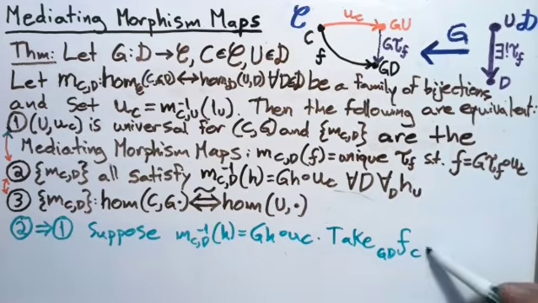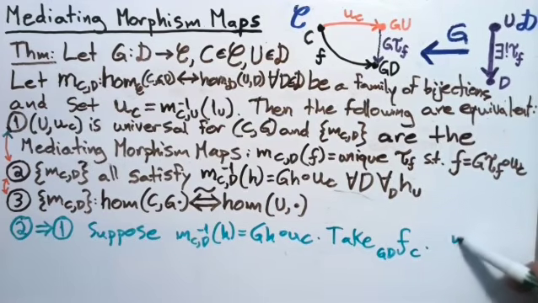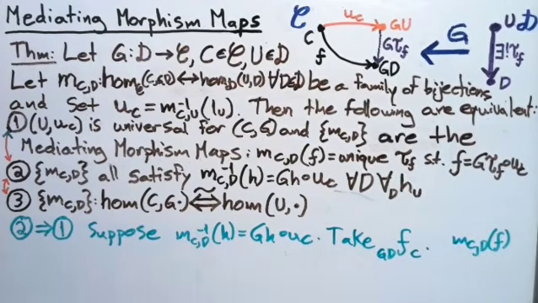So if that's the case, then notice that MCD of F goes from U into D, right?